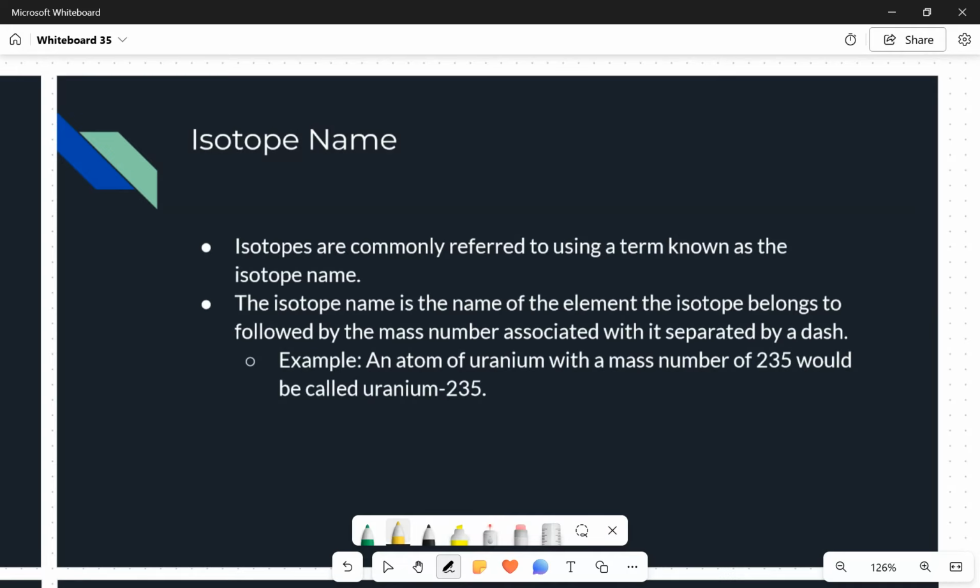So the way it's written is you take the name of the atom and then you add a dash at the end and then you include its mass number. So for instance, if you have an atom of uranium and you're talking about an atom of uranium that has a mass number of 235, we would call this uranium dash 235. So in conversation, it would just be uranium 235.